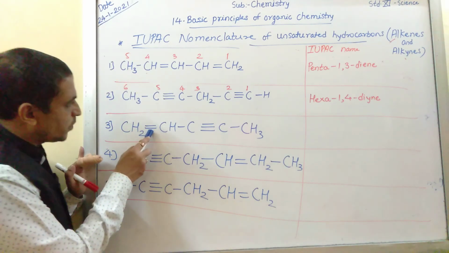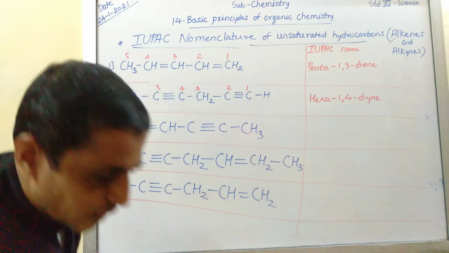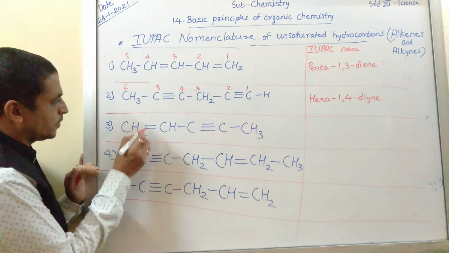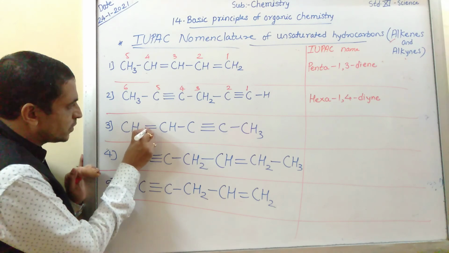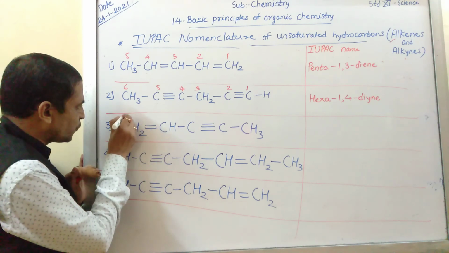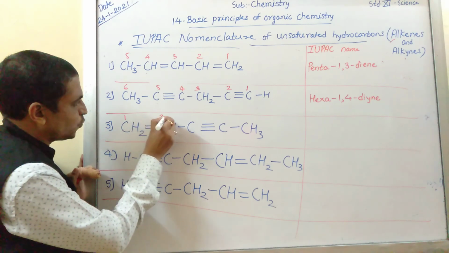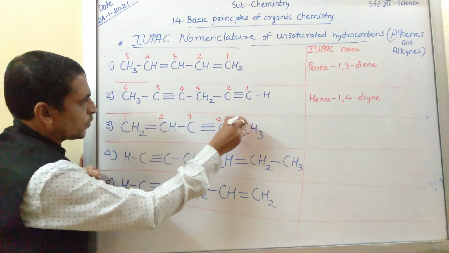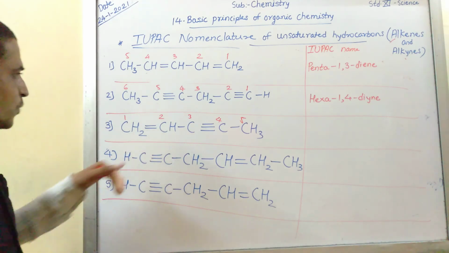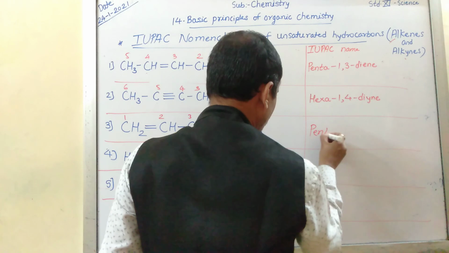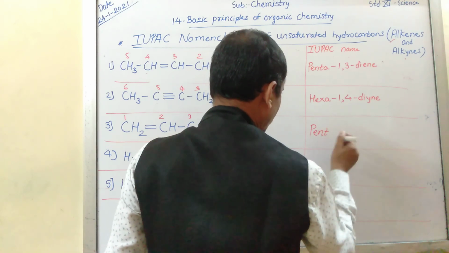See here, this compound contains a double bond as well as a triple bond. That time, see which multiple bond comes first. So the double bond comes first, therefore put 1 here, and it is nearest to the carbon atom. 2, 3, 4, 5. So penta, its name can be written as pent.